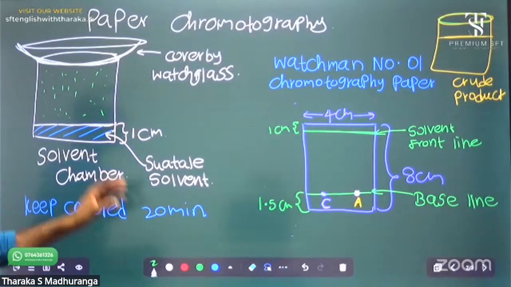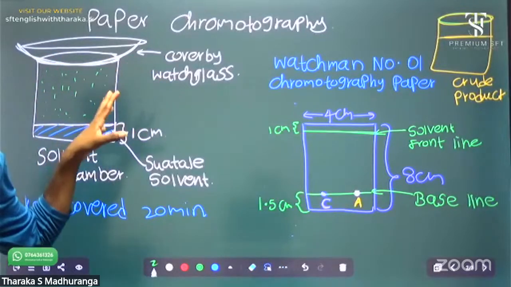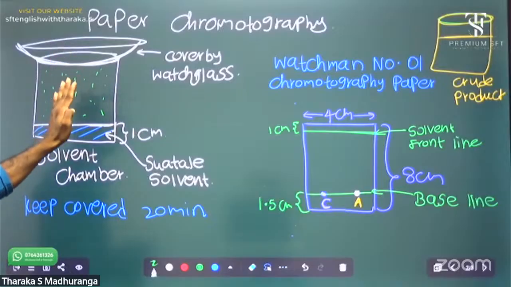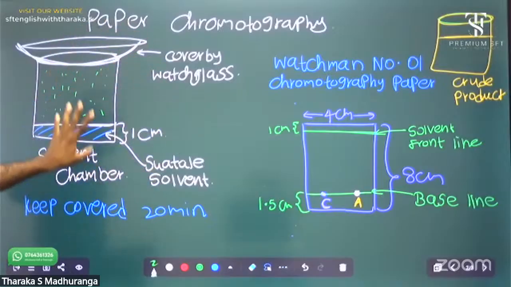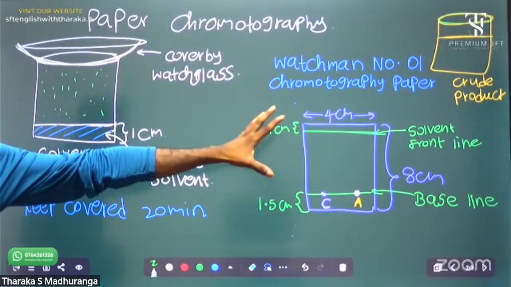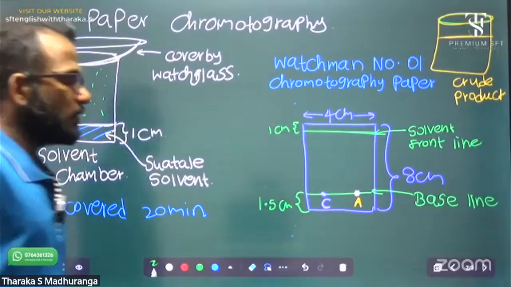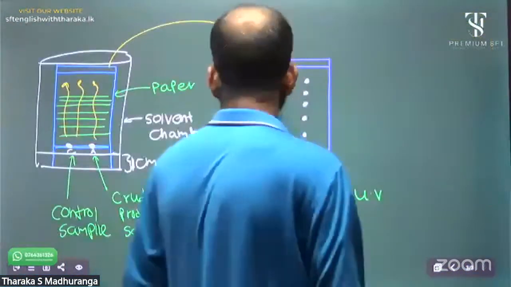Okay, now I will give you 2 minutes. If you want, you can draw a flow chart of this method: the preparation of the solvent chamber, the preparation of the Whatman number 1 paper, and finally placing it inside the chamber.